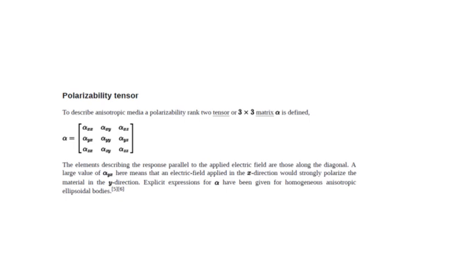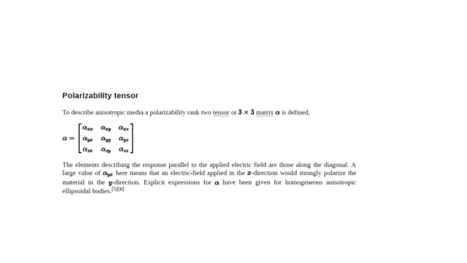The elements describing the response parallel to the applied electric field are those along the diagonal. A large value of alpha yx here means that an electric field applied in the x direction strongly polarizes the material in the y direction. In the same way, we can apply it for others.